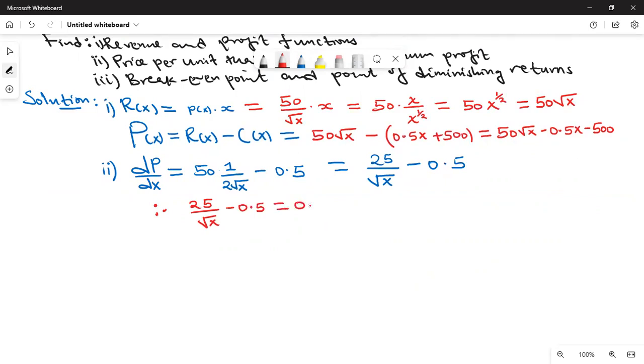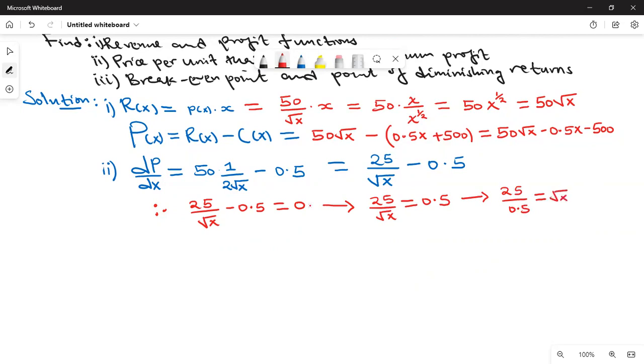So we need to solve for x. This means 25 over root x is equal to 0.5, which we can write as 25 over 0.5 is equal to root x.